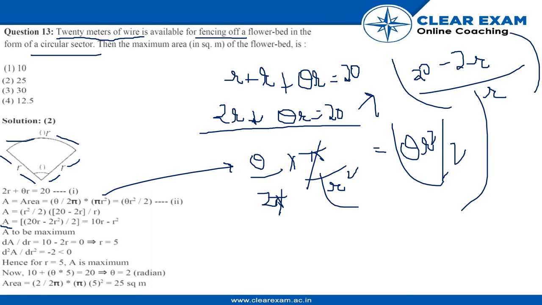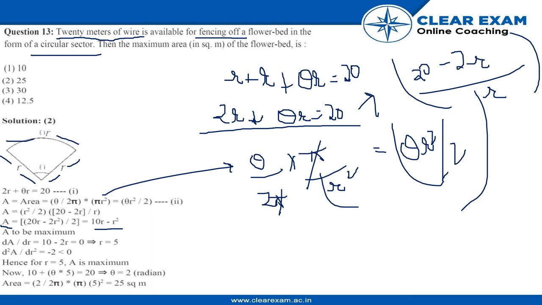We put this value in A, and then 10r minus r square would be achieved.